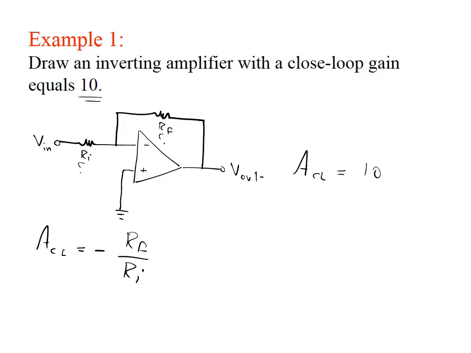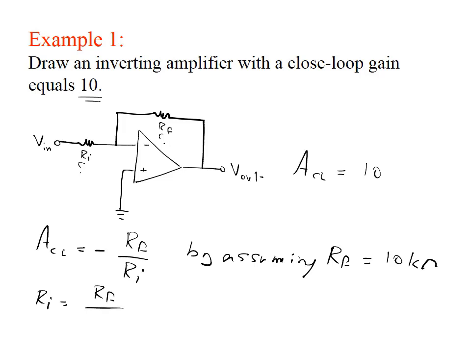So the first step you need to do here is assuming RF. We can assume RF, or we can assume Ri. We'll assume RF here to be equal to 10 kilo ohm. So RF equals 10 kilo ohm. So let's find Ri then. So Ri will equal RF over ACL.